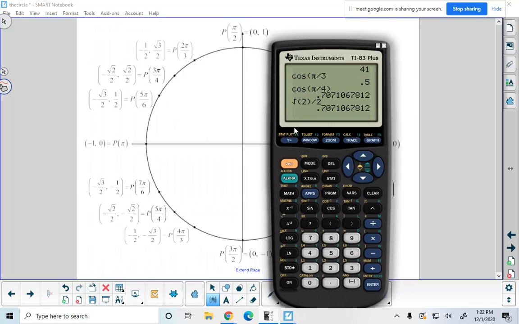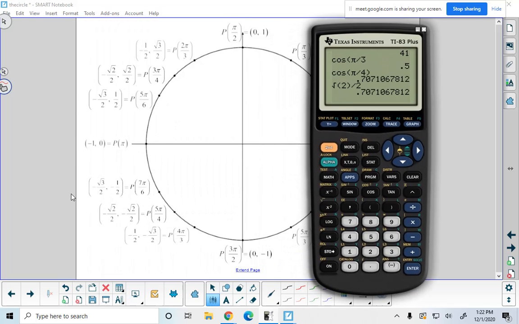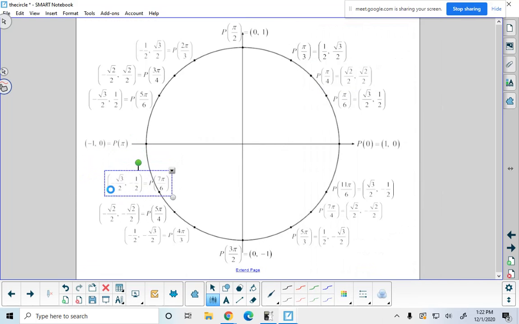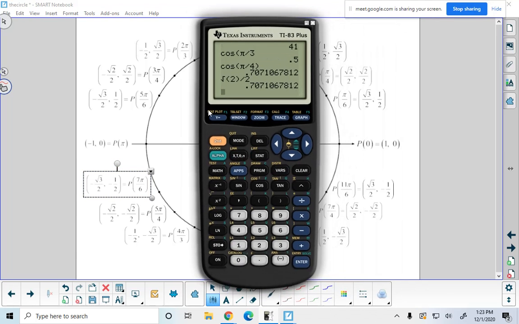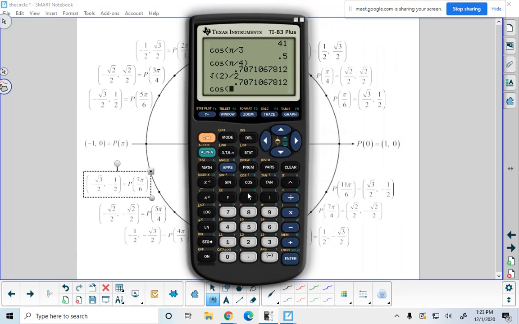Let's take the cosine of 7 pi over 6. Sorry, I'm being lazy right now. I'm just sitting in my chair using the mouse. Cosine of 7 pi divided by 6 gives me negative 0.866025.